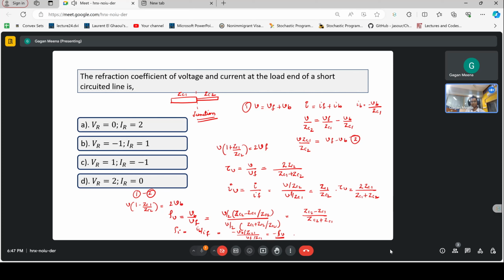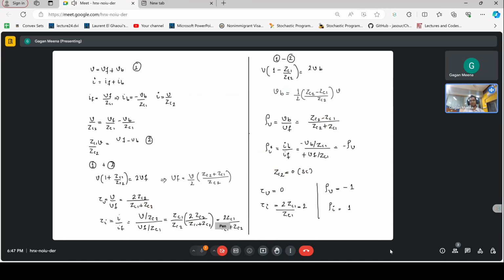And if we substitute 0 here, then it becomes 2. Similarly, you can also find the reflection coefficient. For voltage, ZC2 is 0, it will be minus 1, and for current it is simply minus times rho, so it is 1.